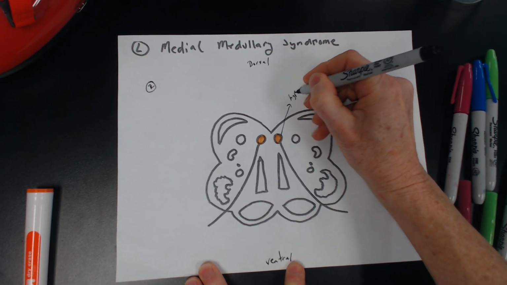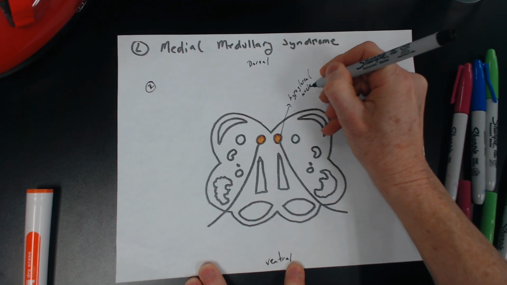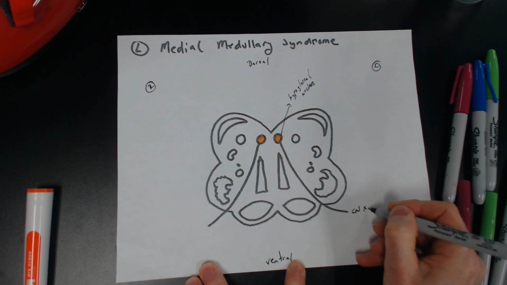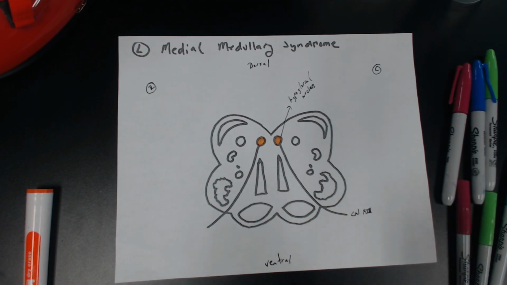And then this is cranial nerve 12 as it exits that pre-olivary sulcus. See where we are? This is just a flat-out transverse section right through the medulla.